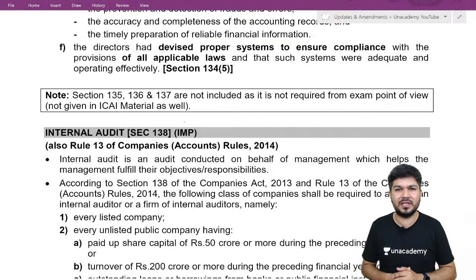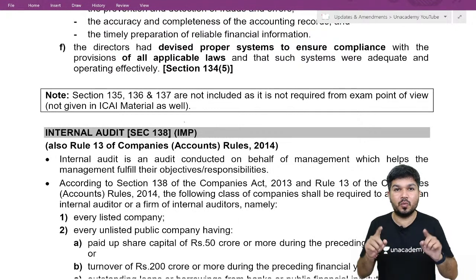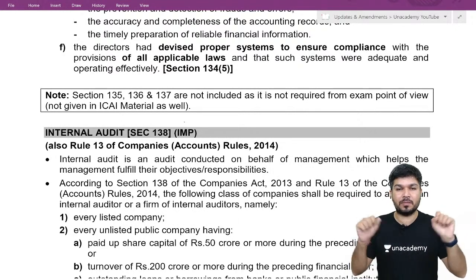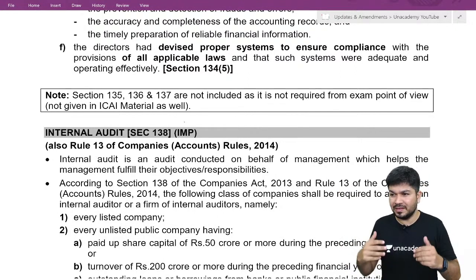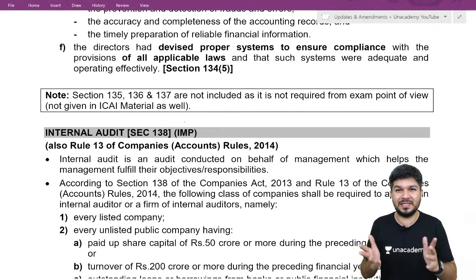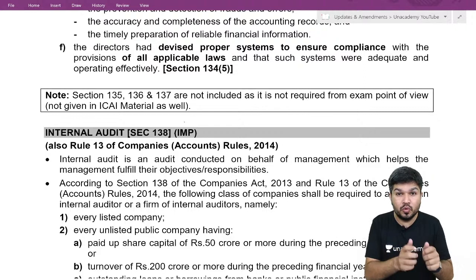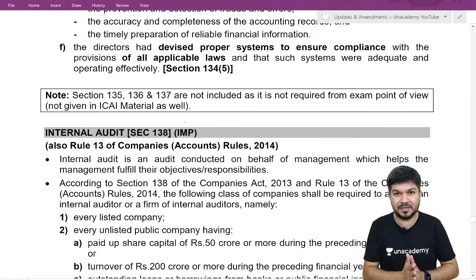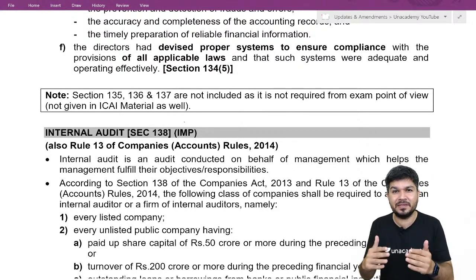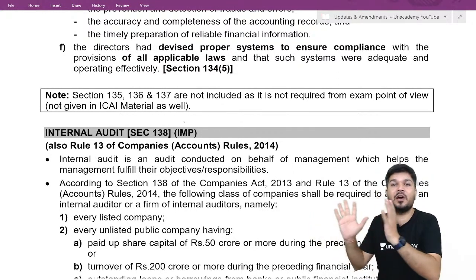Okay, next is section 138. Now, what are 135, 136, 137? 135 is CSR, Corporate Social Responsibility. We have a chapter on it in FR. 136 and 137 are basically related to whom the financial statements are to be given, and the financial statements are to be filed with ROC within how many days?